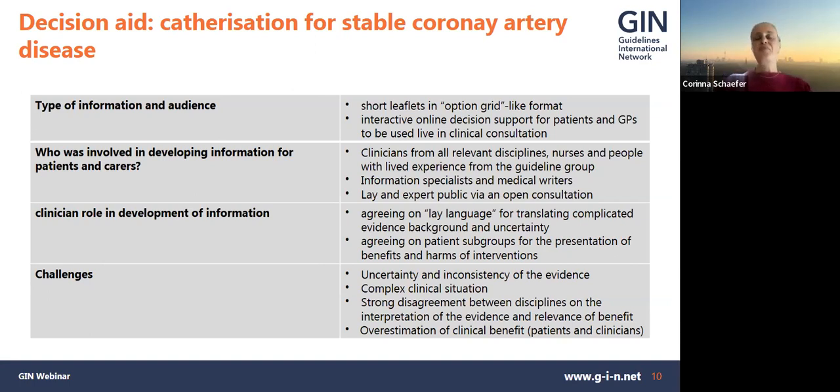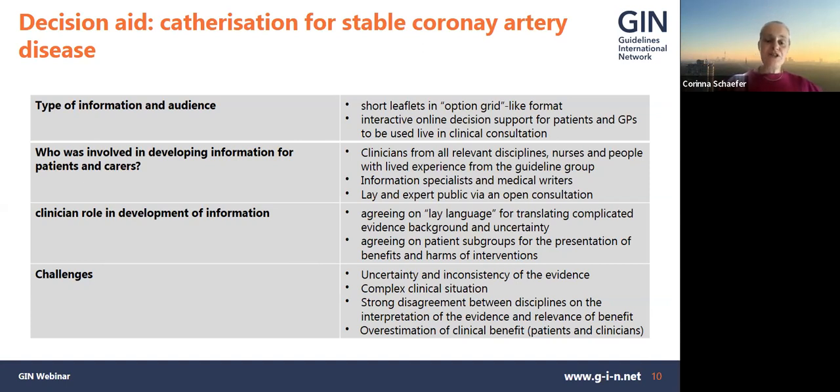And all of those clinicians who do interventions are so convinced that these interventions help that when they see, in this simple language and easy display of risk communication, how small the benefit might be, it's very difficult for them to agree on that. So that was definitely challenging.